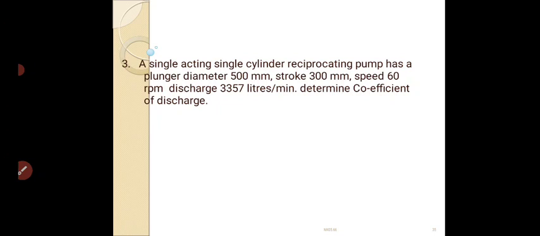A single acting cylinder reciprocating pump has plunger diameter 500 mm and stroke 300 mm, speed 60 rpm, discharge 3357 liter per minute. Determine coefficient of discharge. This is for your assignment.